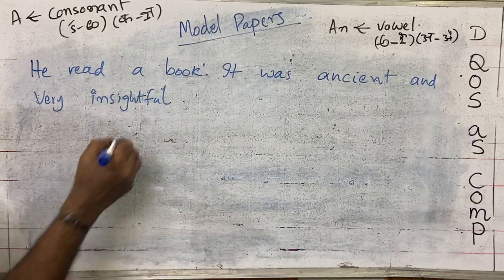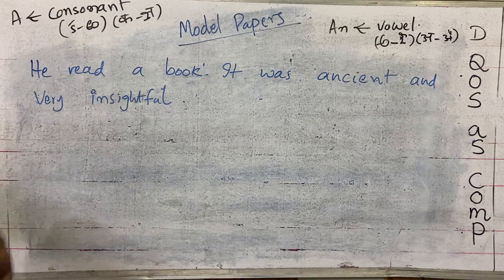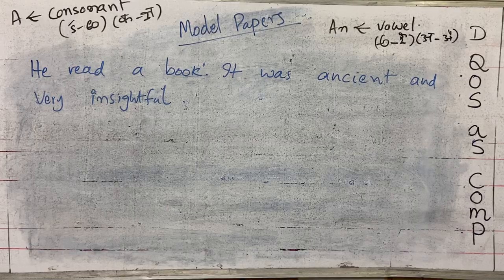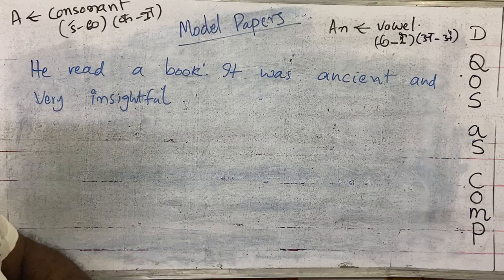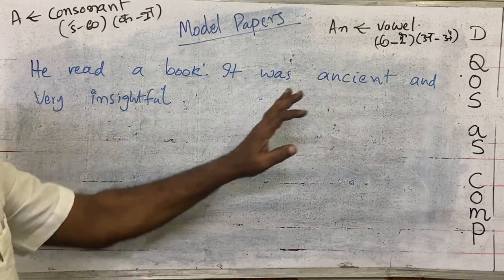You can get more information from that book. That is the meaning. He read a book. How is it? Ancient and very insightful. So here you can take first the description, very insightful. Before that, origin, ancient, you can take before that.